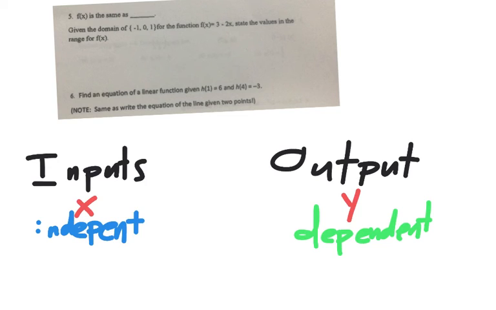Okay, we're fixing to add something new to this. The list of all possible inputs is called my domain. Domain is just another word to talk about the x's, the independent variable, the inputs. And if I want to talk about a list of everything that comes out, that's an output, we call that the range.